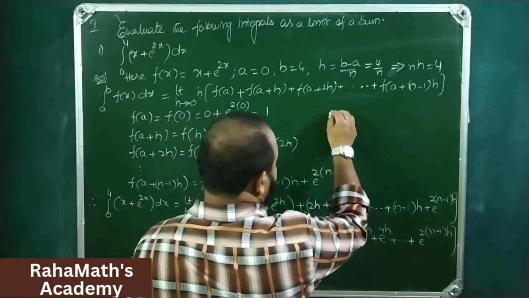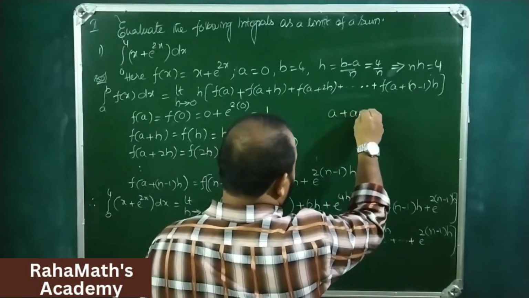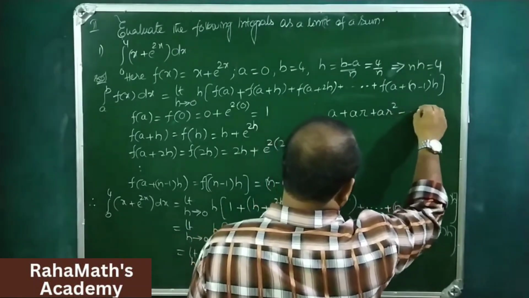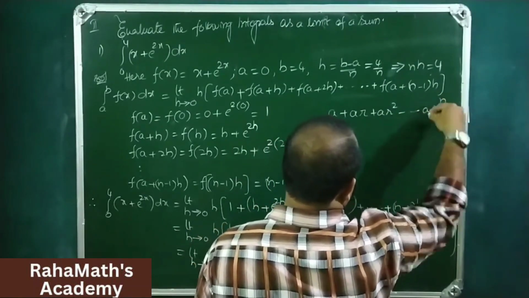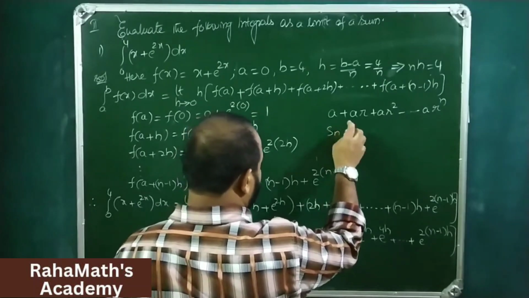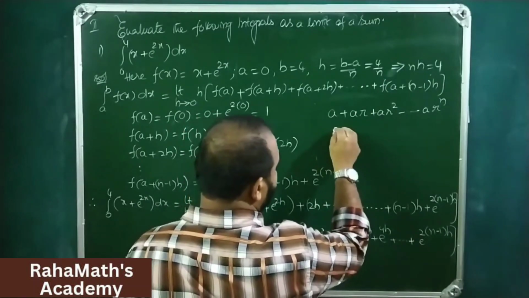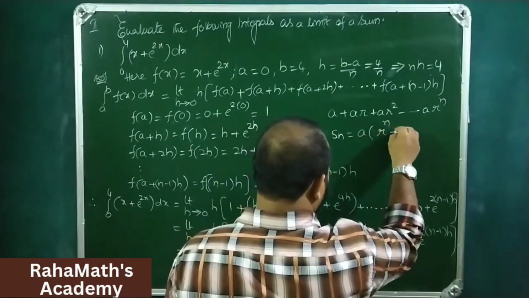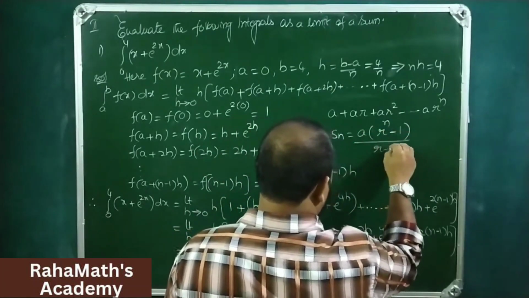So we have a series a, ar, ar squared, etc., ar^n. The sum of n terms of a GP is Sn equals a times (r^n minus 1) by (r minus 1).